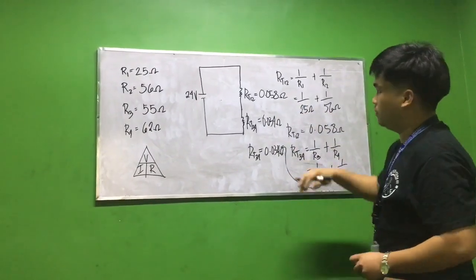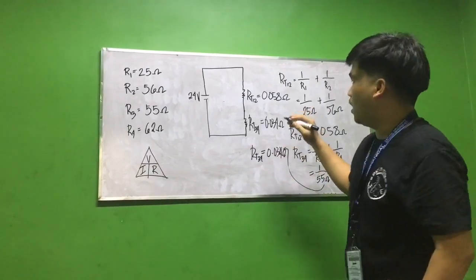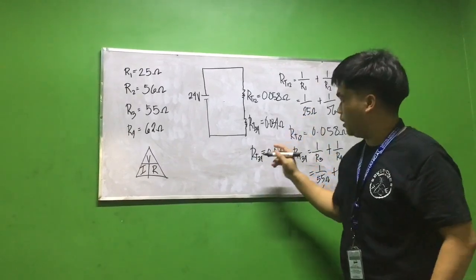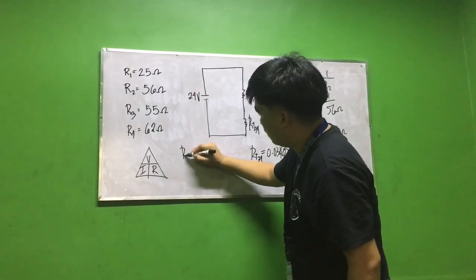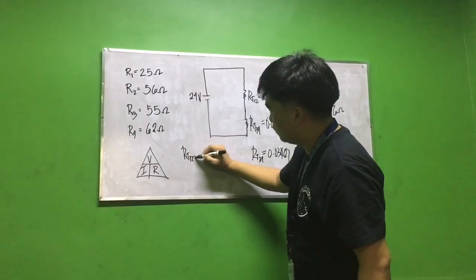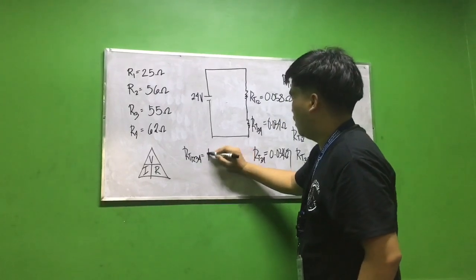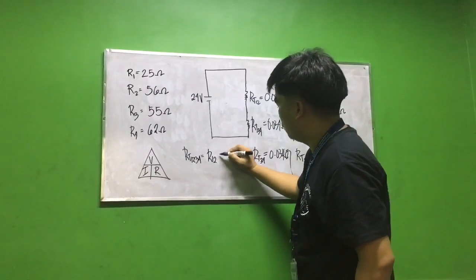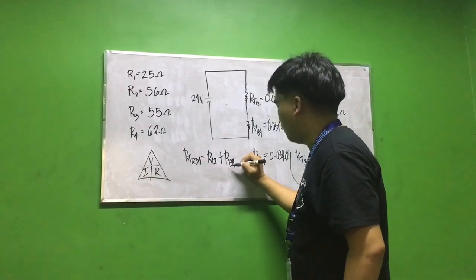Next we have this series circuit. So we have to calculate RT1234. We have this formula: RT1234 equals R12 plus R34.